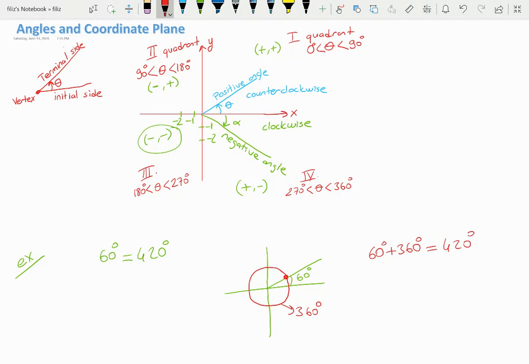If I come to the same place when I make a full circle, these angles are equal. So we can do 420 plus 360, which is 780 degrees, which is equal. I can write it right there. If I continue adding 360 degrees, I will get angles coterminal with 60 degrees.